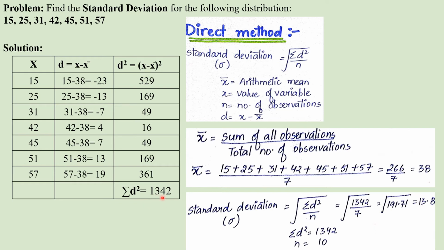Now put the value of sigma d square in the formula. So standard deviation is equal to under root 1342 upon n, n is 7. So by solving this equation, standard deviation is equal to under root 191.71, or the value of standard deviation is 13.8.